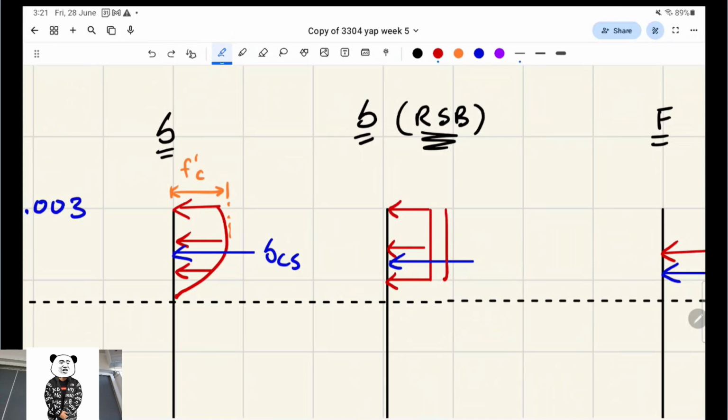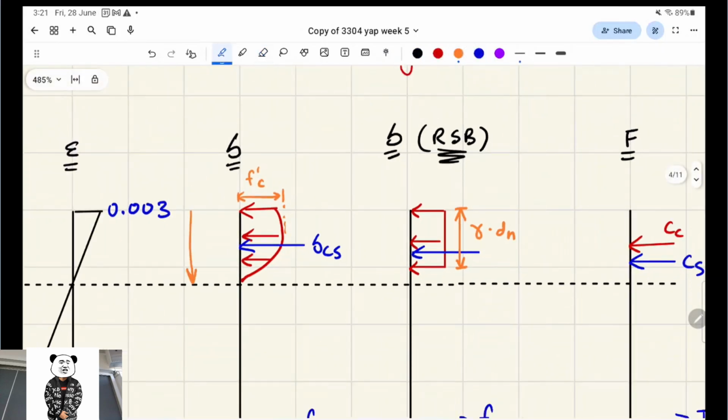We call this, let's do it in orange, we call this gamma dn, right? So dn is depth to neutral axis, right? Gamma is a reduction factor of some sort, right?